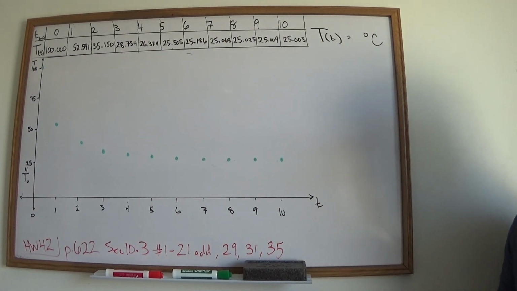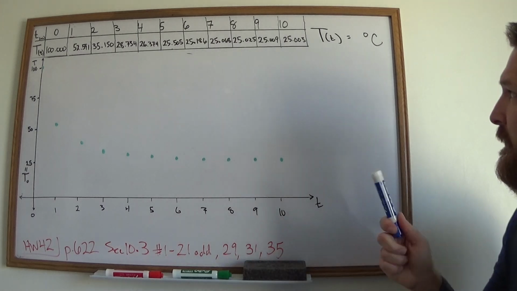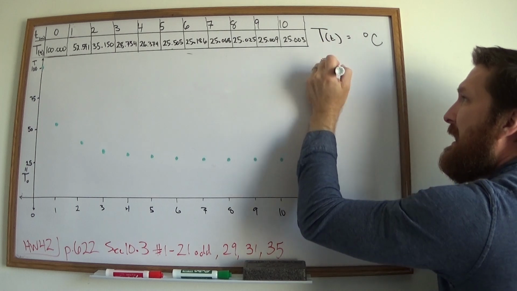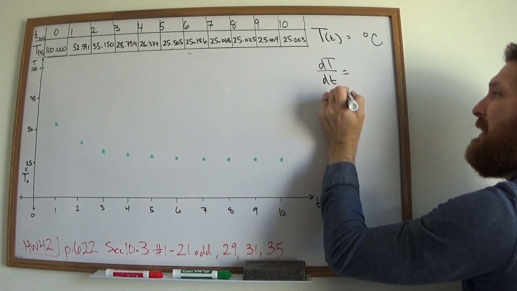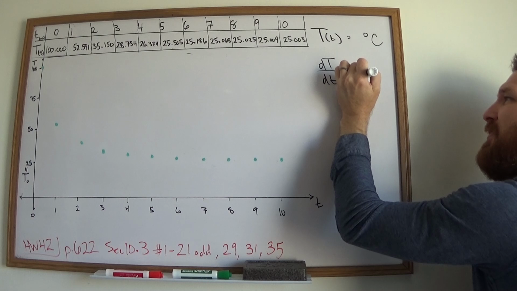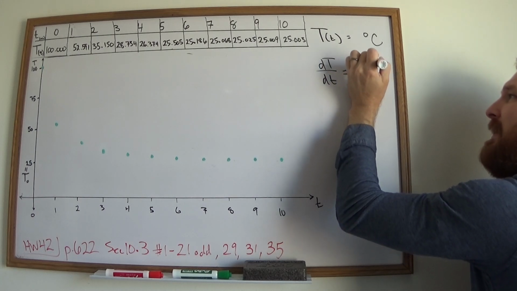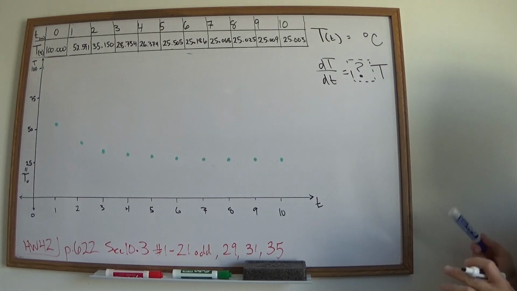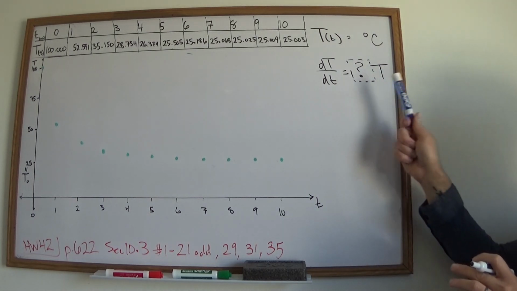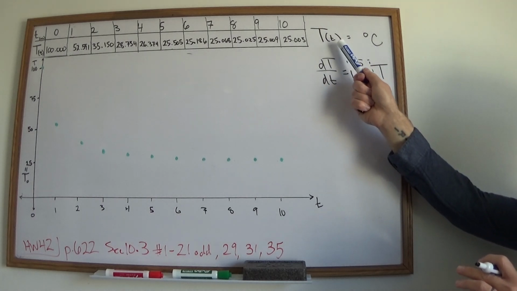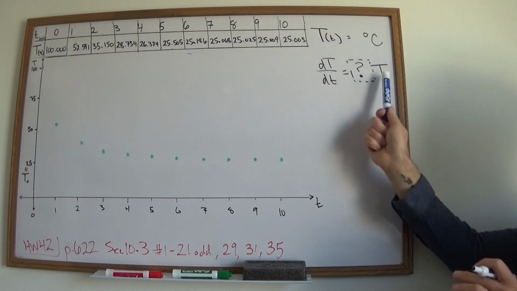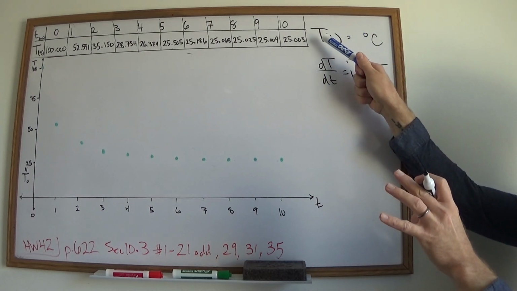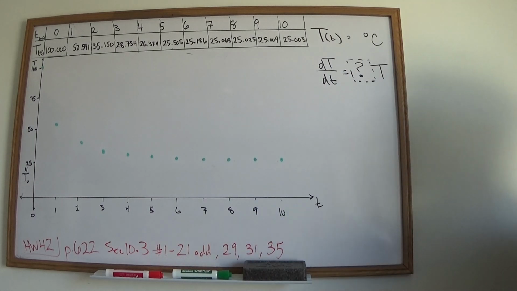So I'm thinking, if I could get some relationship, dT equals something that involves T, then I could use what I know about differential equations to find a solution, capital T of little t, a function of temperature given some time.